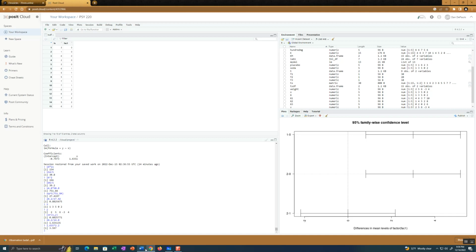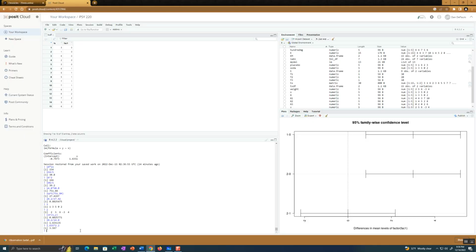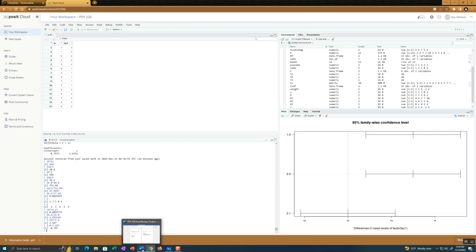Which is 3.597. And then solving for that, 2.8 minus 3.597 gives me negative 0.797.